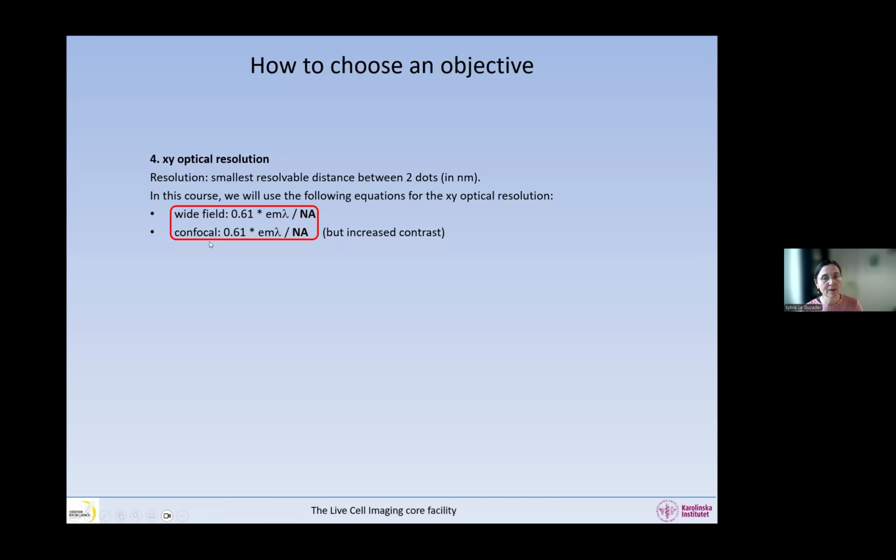And this is 0.61 multiplied by the wavelength of the emission and divided by the numerical aperture. As you can see, the numerical aperture has a strong influence here on the XY optical resolution.